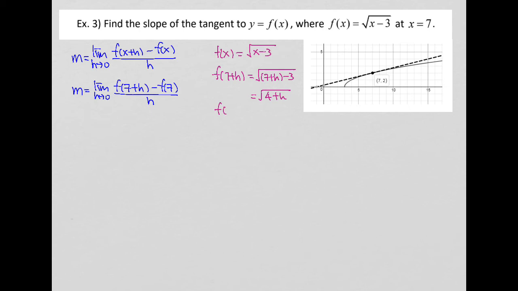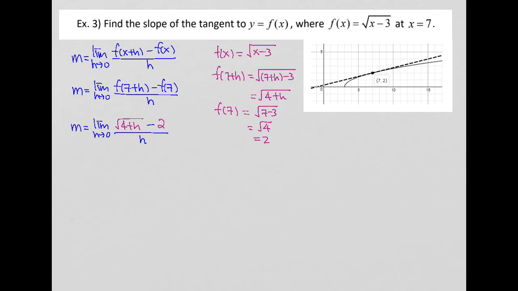And we are going to find f at 7, which is the square root of 7 minus 3, which is the square root of 4, which is 2. Once we find those two values, we're going to put them back into the first principle again. So the square root of 4 plus h minus 2 divided by h.